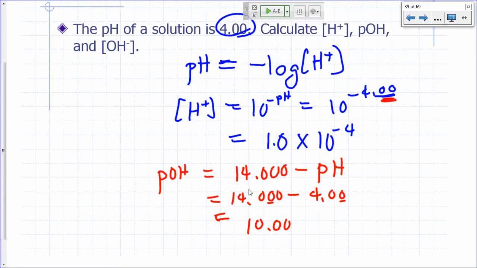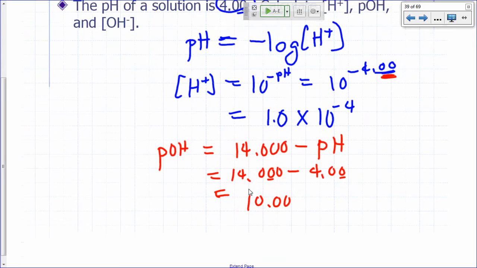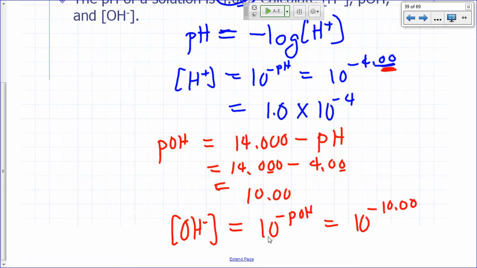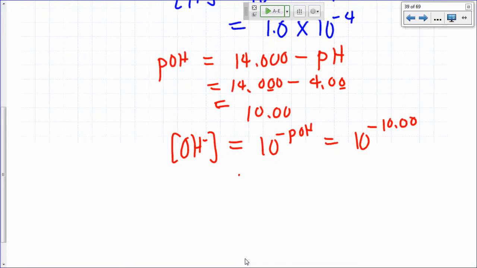How do I get hydroxide? It's 10 to the negative pOH. So that's 10 to the negative 10.00, which gives me 1 times 10 to the negative 10. Two decimal places, so I need two sig figs here: 1.0 times 10 to the negative 10. So that's my hydroxide.